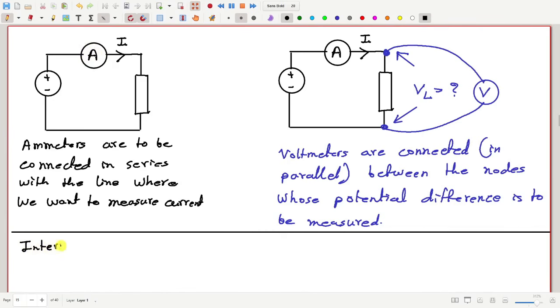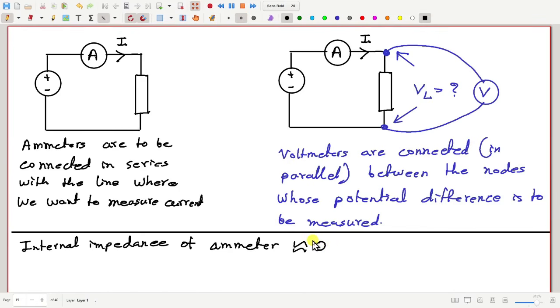Internal impedance, 0. Absolutely. Ideally 0, practically as low as possible. The internal impedance of an ammeter should be ideally 0, so in this course, we will assume it to be 0. Practically it is very small.